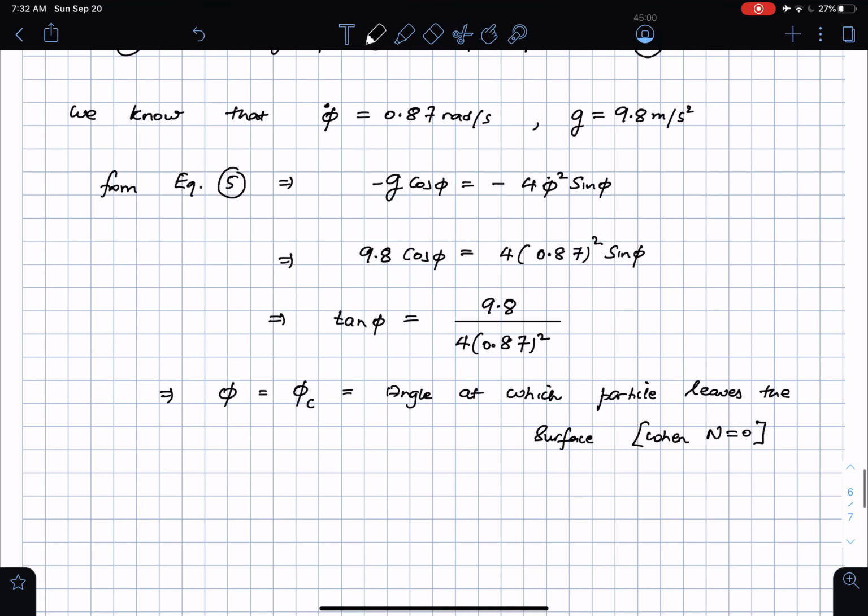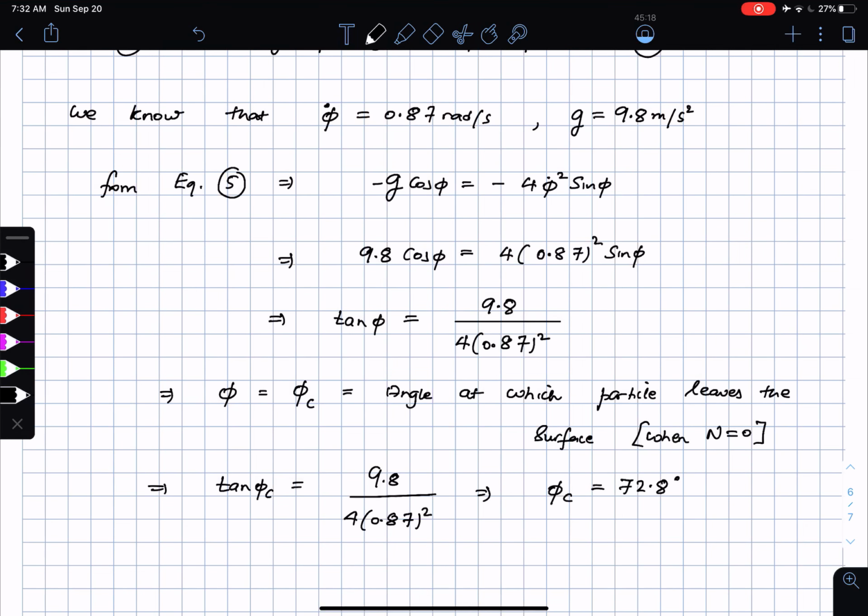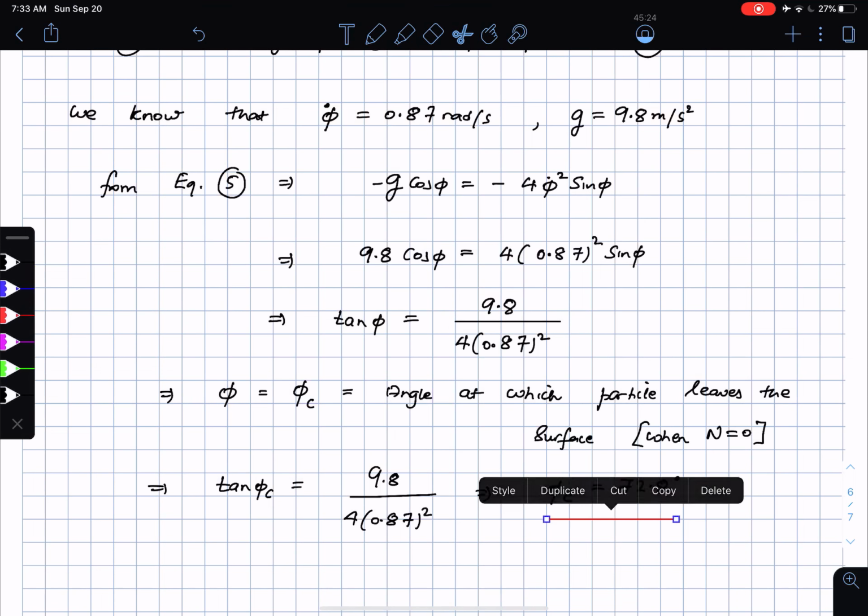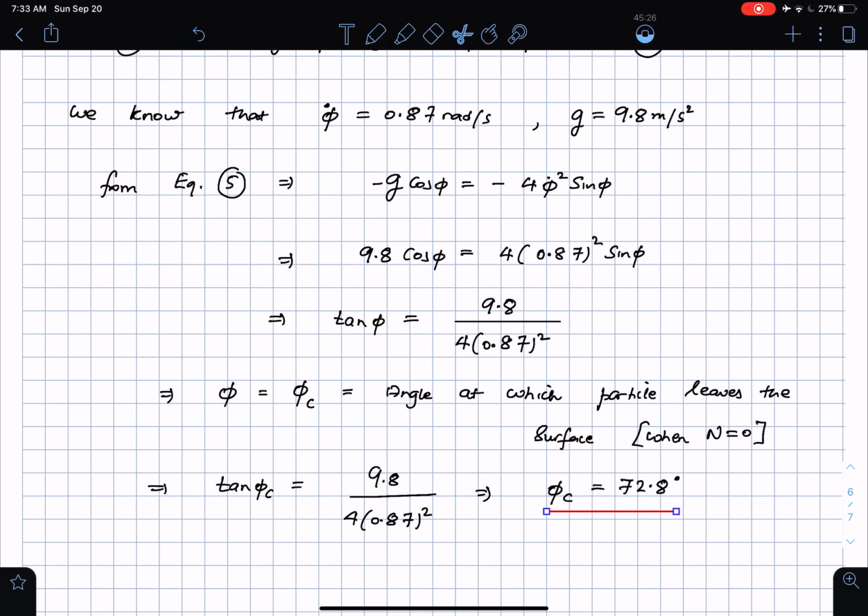So tan phi c is 9.8 divided by 4 times 0.87 square, or phi at loss of contact is around 72.8 degrees. This is the angle at which it loses contact with the surface. Let me bring that up a little bit. You can also do the following.